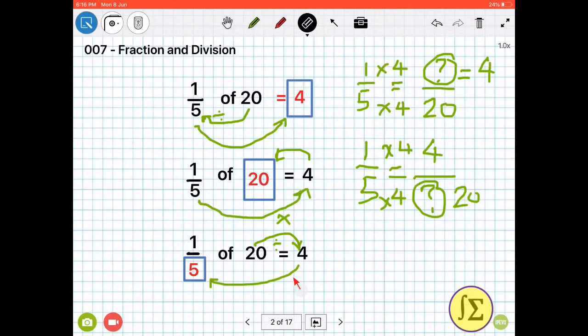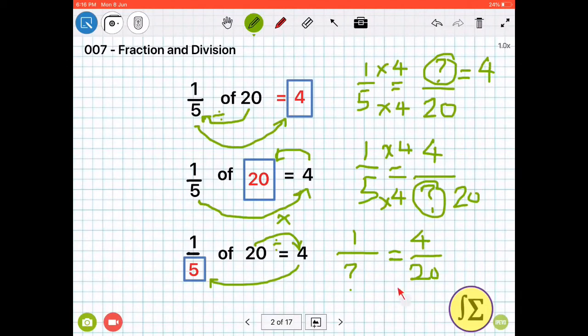Okay. So similarly, for the third one, we have 1 over, we don't know the denominator, and we know the answer is 4, which forms the numerator, and the total is always the denominator.